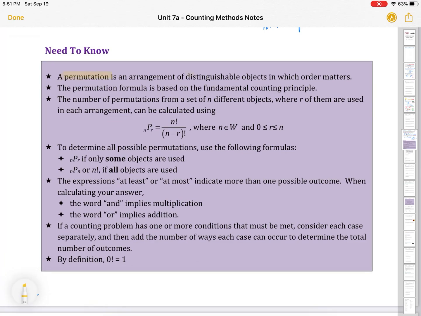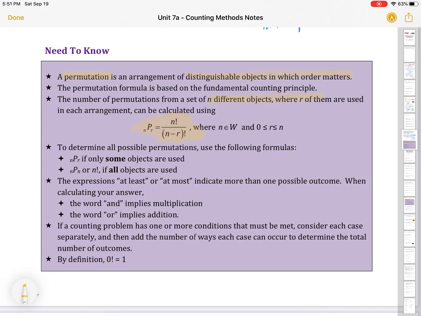Permutations is an arrangement of distinguishable objects in which order matters. Permutation formula is based on the fundamental counting principle. The number of permutations from a set of n objects where r of them are used is calculated using this formula.